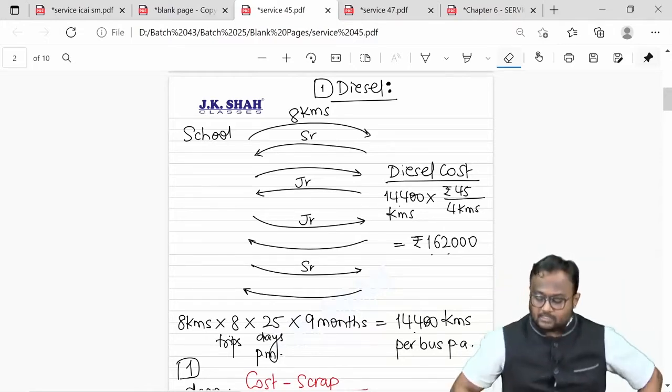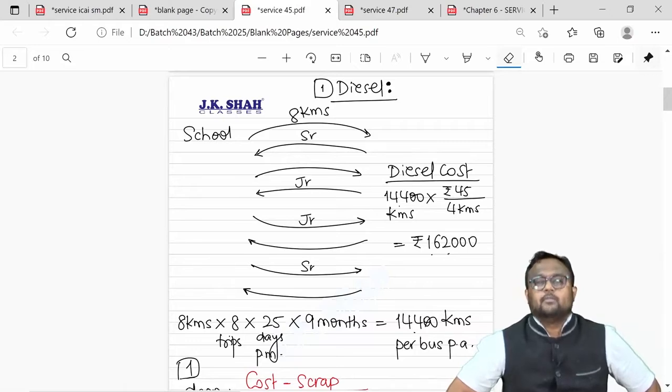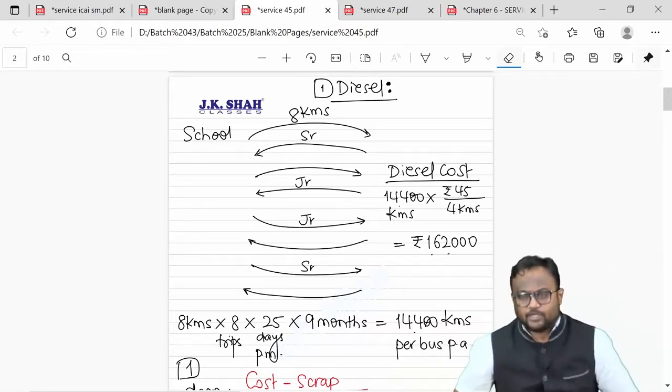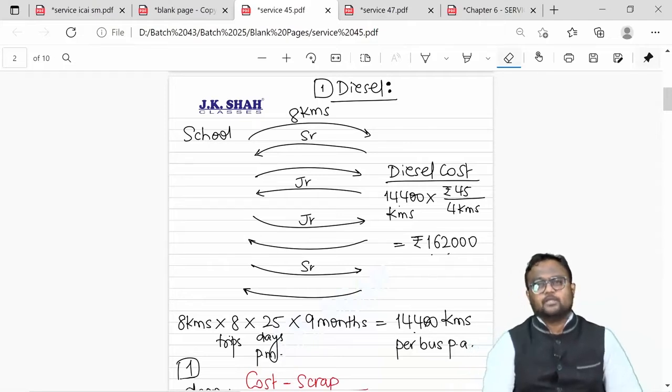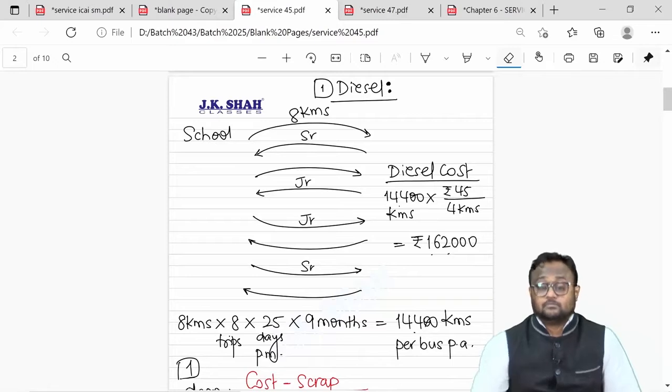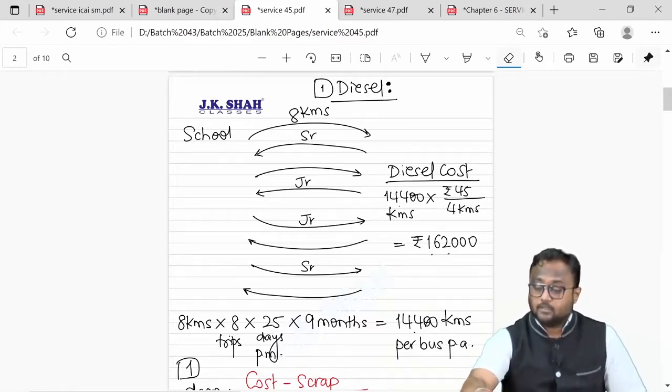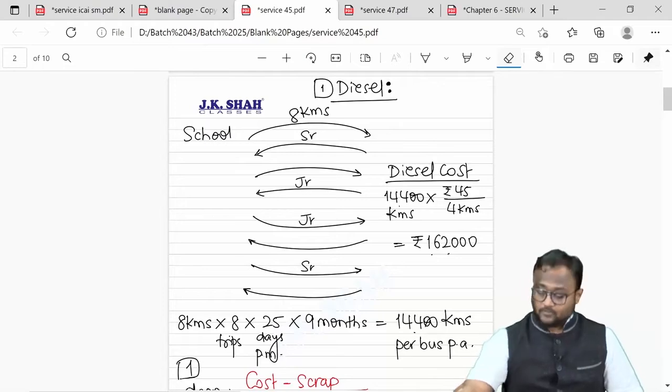So 14,400 multiplied by 45 upon 4 per kilometer, or you can say 11.25 per kilometer into 14,400 gives you 1,62,000. That is your answer of diesel cost.